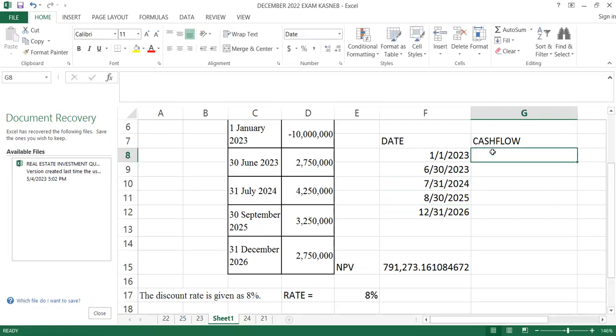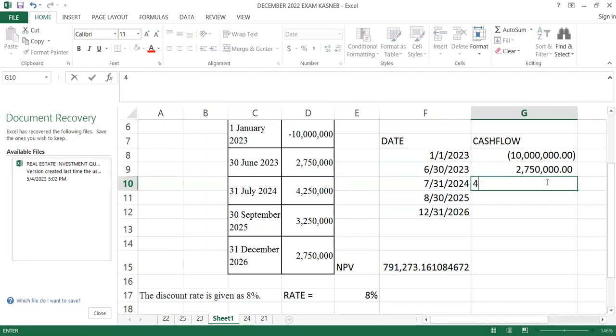So the first cash flow is minus 10 million. Enter. Next is 2,750,000, with three zeros. Enter. Then next is 4,250,000.